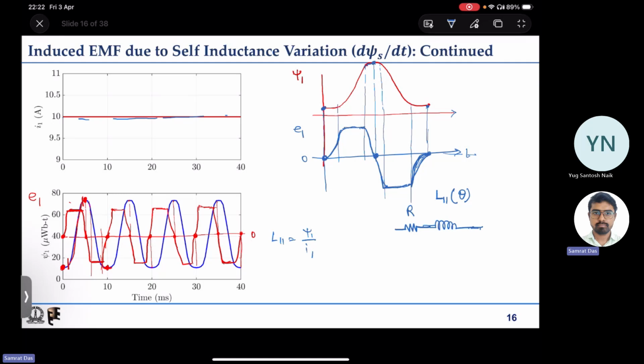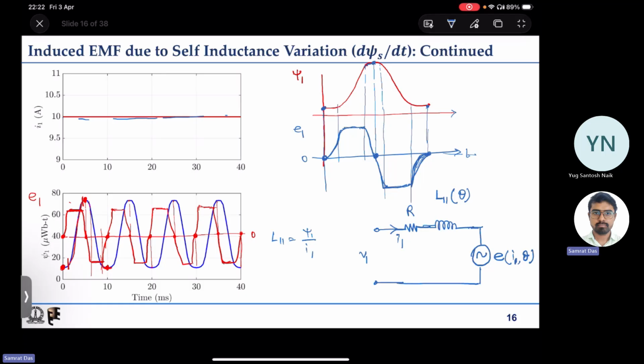Then we will have to represent it with some induced EMF E, which is a function of both the current I1 as well as the rotor position, and current is what is flowing through the coil. So if we have to represent this type of coil, we have to represent it with an equivalent circuit diagram like this, where we have some resistance representing the resistance drop across that winding.